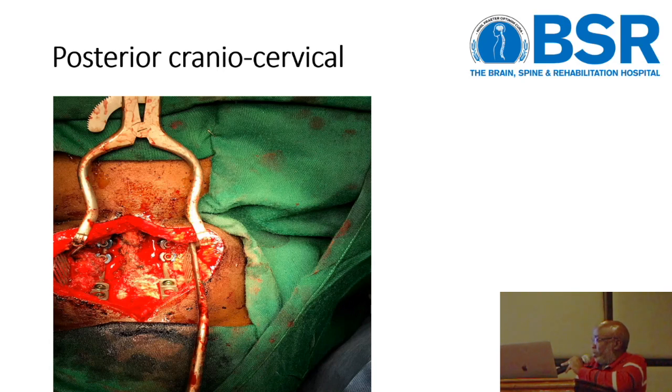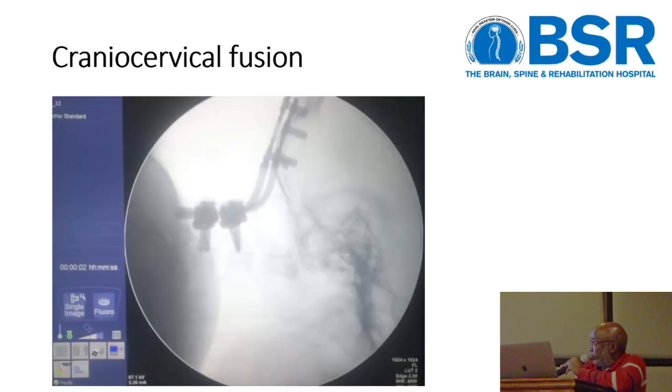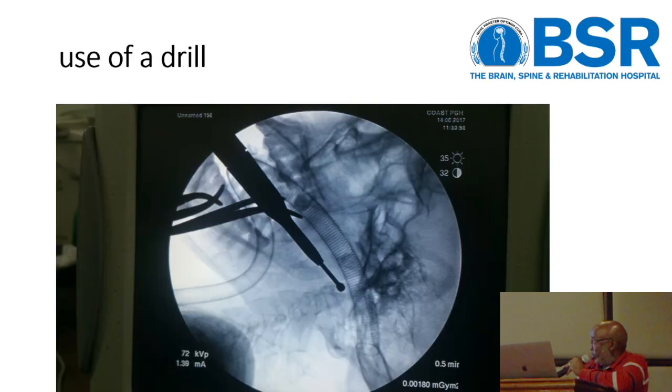After you're done, I then turn the patient at the same time and do a posterior craniocervical fusion to stabilize that region. You can use a drill, but again, this has complications in inexperienced hands.